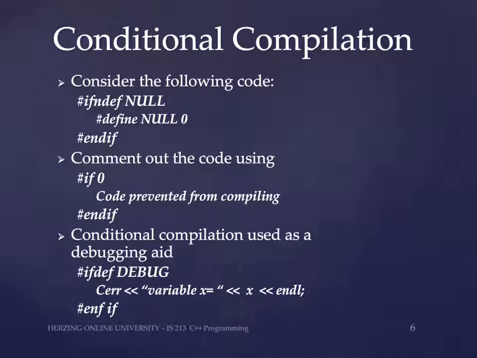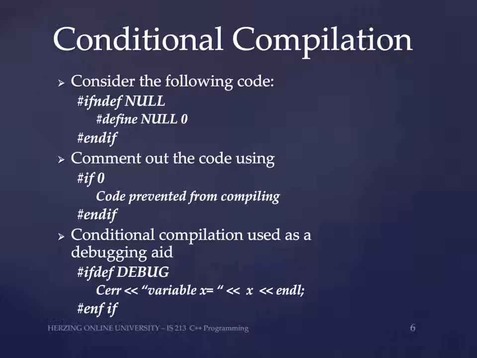So let's consider the following preprocessor code to illustrate some of the conditional compilation characteristics that we just discussed on slide 5. Here we have #ifndef NULL, #define NULL 0, and #endif. This statement determines whether the symbolic constant NULL is already defined.